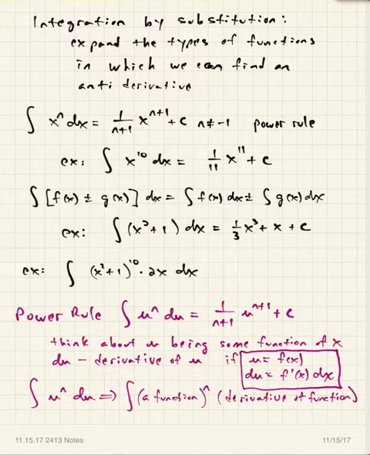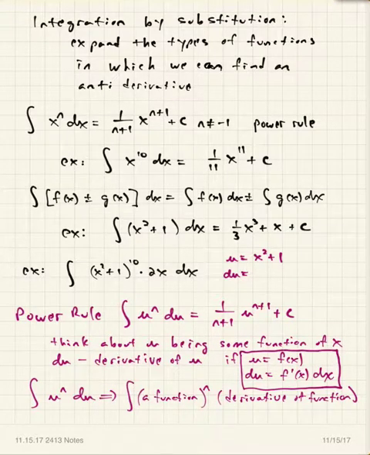Okay, so now look at our problem right here. Before I flip the screen, you have the antiderivative of x squared plus 1 to the 10th. All right, so what is it? That's a function to a power. What's the function? It's x squared plus 1. So we could literally let u be equal to x squared plus 1. Then is it times the derivative of that function? Well, the derivative of x squared plus 1 is 2x, right? And by the definition I wrote down just below, we know that the differential of u is equal to the derivative of this function dx.